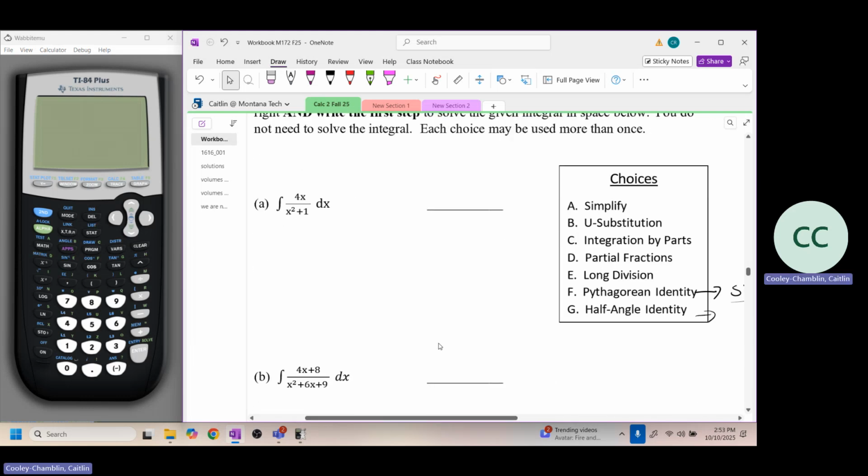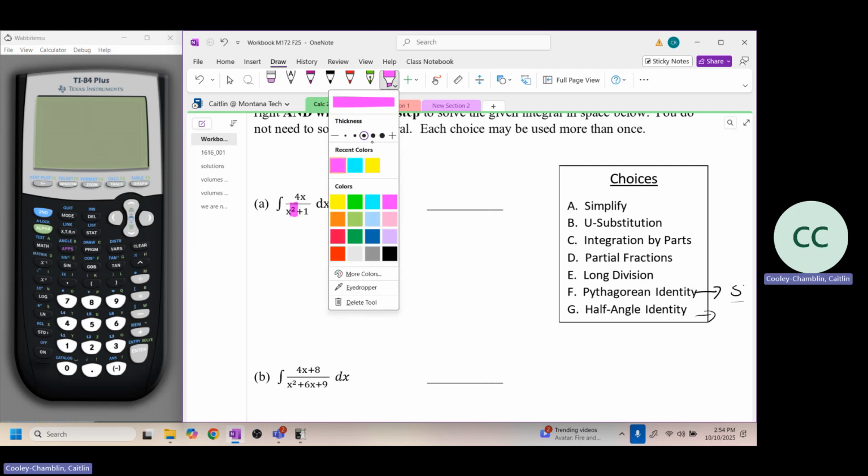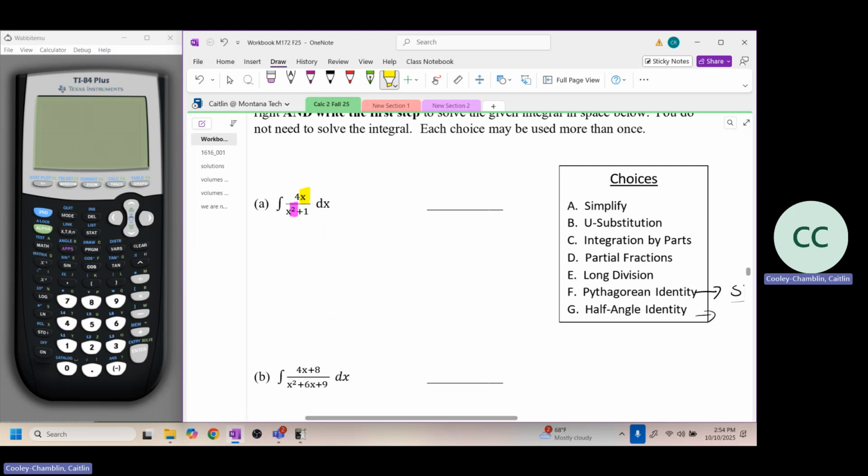So A, we have the integral of 4x divided by x squared plus 1 dx. Notice we have a square in the bottom, but we have an x in the top. So this is just x squared plus 1. There's no x in it.